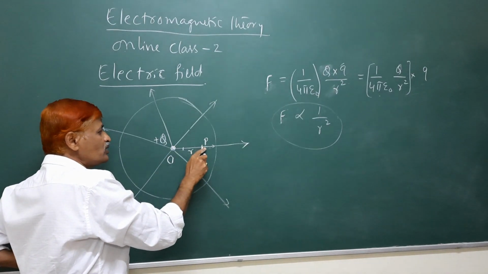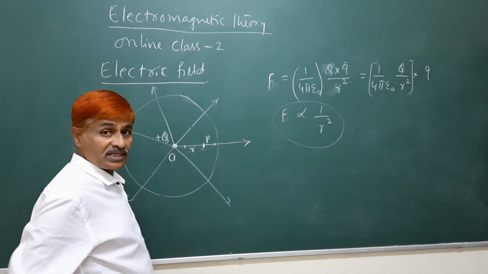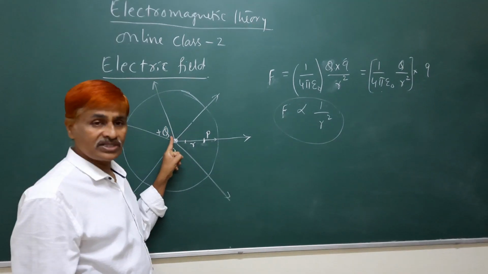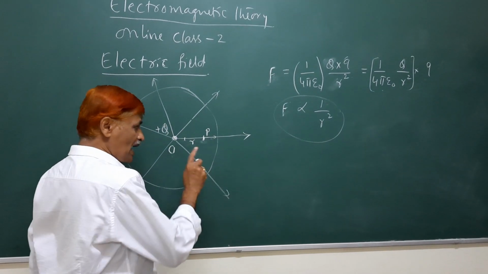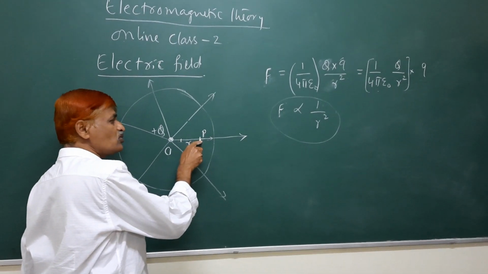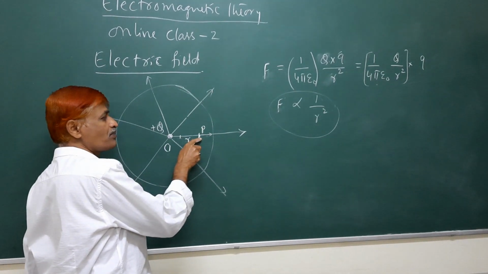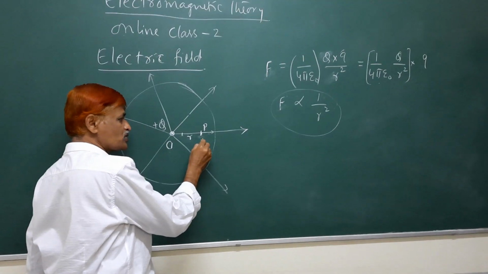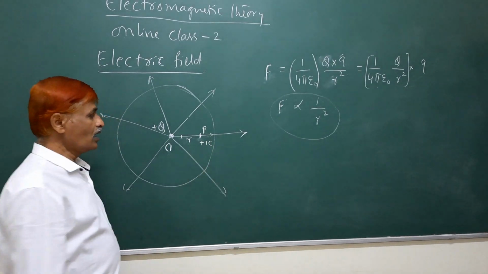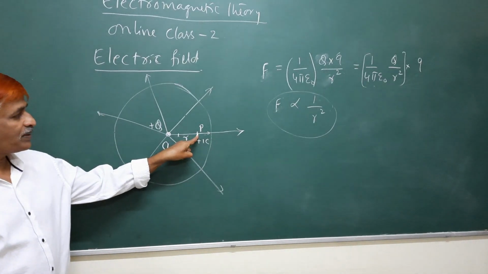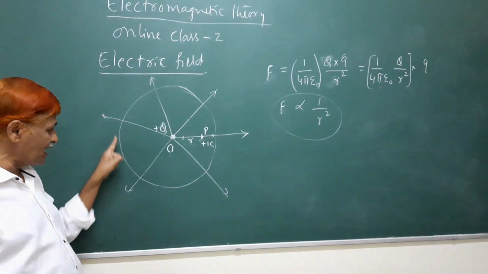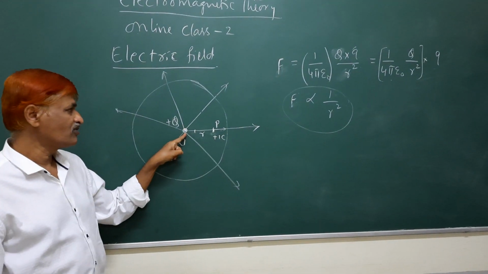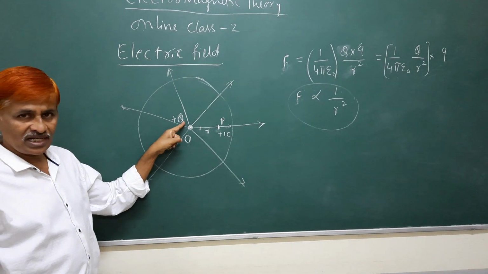So we define the strength of the electric charge as the force experienced by a unit positive charge placed at that point in the electric field of the original charge.